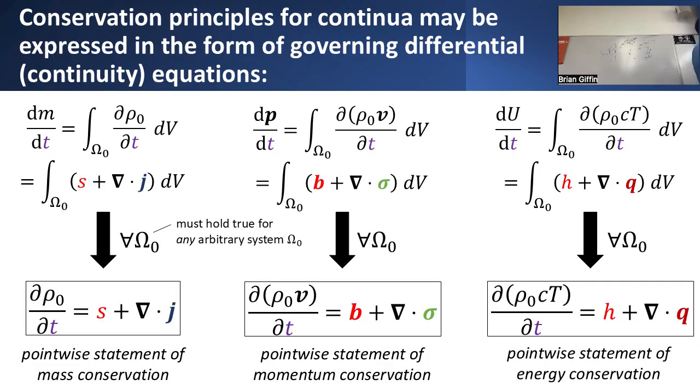And because of that, I can basically say that, well, if I wanted to, I could just extract the interior integrand of these corresponding volume integrals over this arbitrarily defined volume domain, and make the argument that the interior integrand, that expression, has to be true everywhere, at every point in the universe.